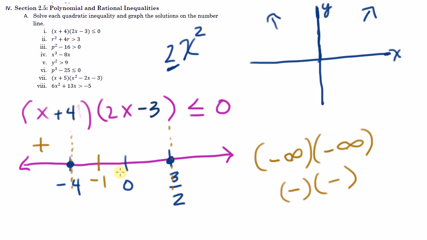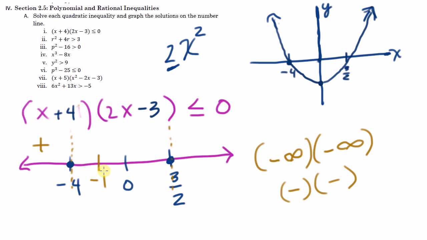Because this is parabolic, I know it's going to cross the y-axis somewhere, as it has to. This thing has to go through a 0. If this is -4, I know this is a continuous function, so it has to go through here, and it has to go through 3/2. So it's going to do something like this. In between -4 and 0, it's not really going to do anything funky.